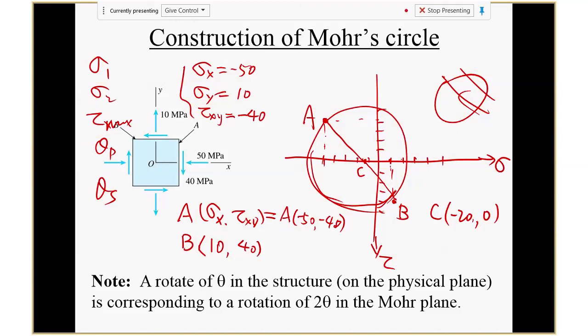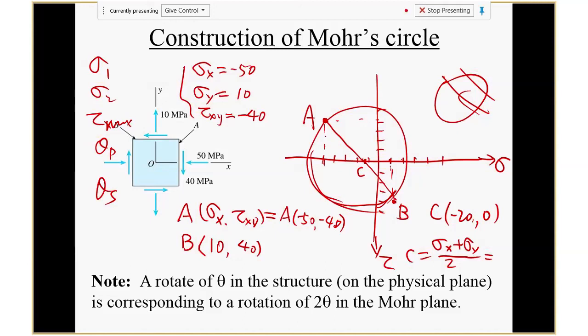So how do you determine C? C is supposed to equal half of sigma x plus sigma y. And what's the value? Negative 50 plus positive 10. So that's negative 40, but you have to divide by 2. So what's the value? Negative 20, see? The visual reading shows it's correct.